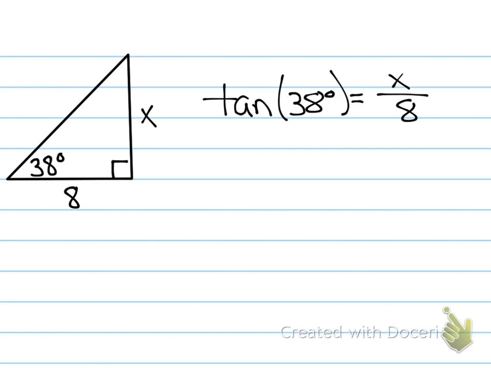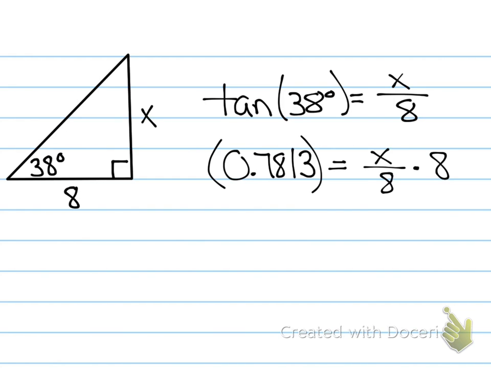What is tangent of 38? 0.7813. Equals x over 8. Multiply both sides by 8. And 8 times 0.7813 equals, and change it to a decimal.